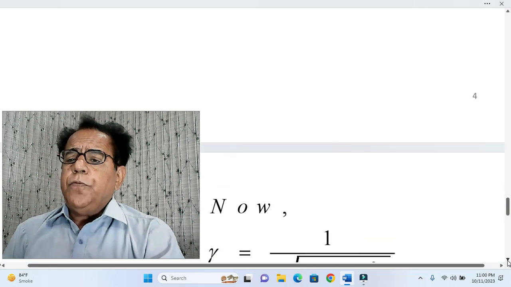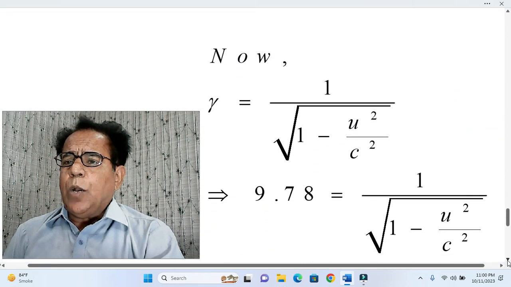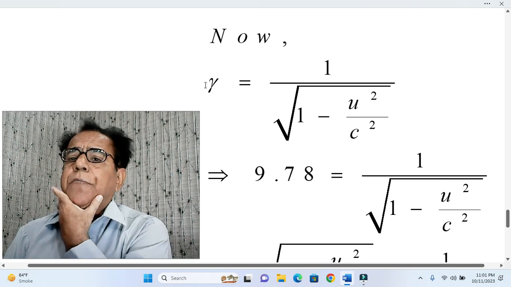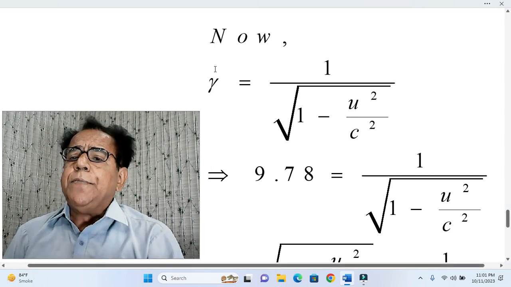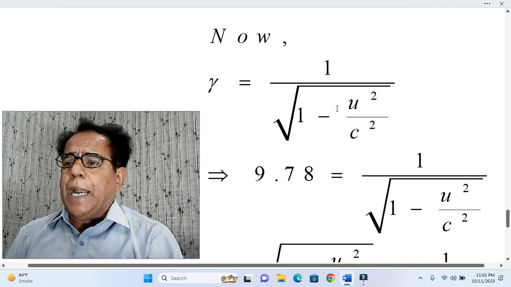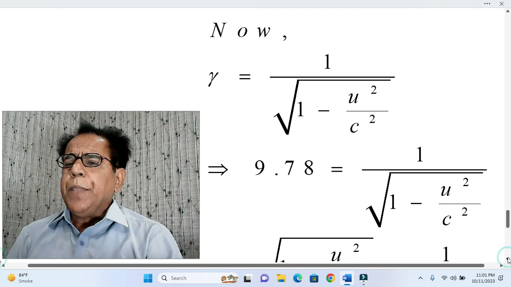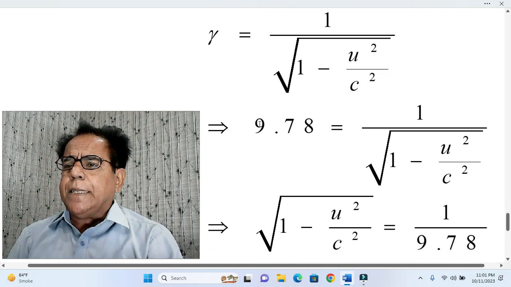Now we solve the other part. We know that gamma is equal to 1 over the square root of 1 minus u squared over c squared. Here we have the value of gamma which we calculated in the previous step, and we know that c is a constant, the speed of light, with value taken as 3.0 or sometimes 2.998.